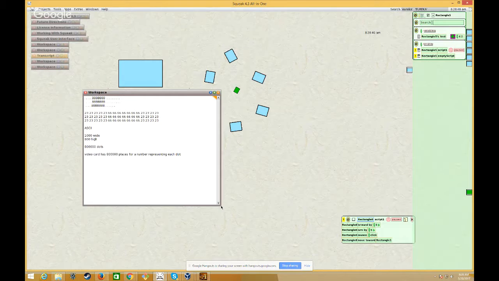There's a little circuit that's called memory. This would probably be video memory, and there's 800,000 little, what we call bytes, or 800,000 places to put the number 66 or the number 23.